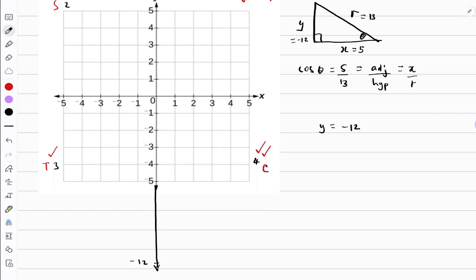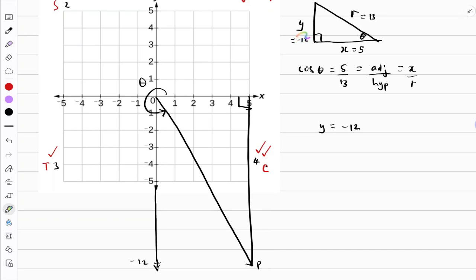So we can start off by determining our point. When y is equal to negative 12, x is equal to 5. So we can establish our point. X is equal to 5. So this is our point. We can call it P. So we can establish our angle measured counterclockwise from the positive x-axis. Call it theta. And now we can construct our right triangle.